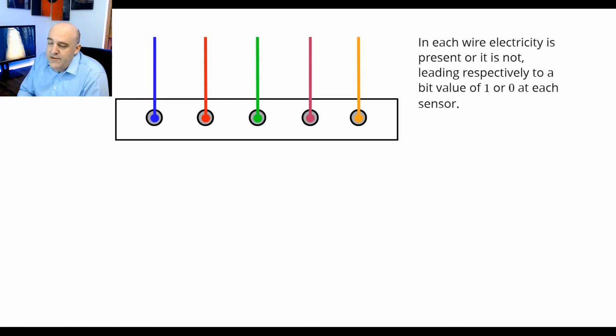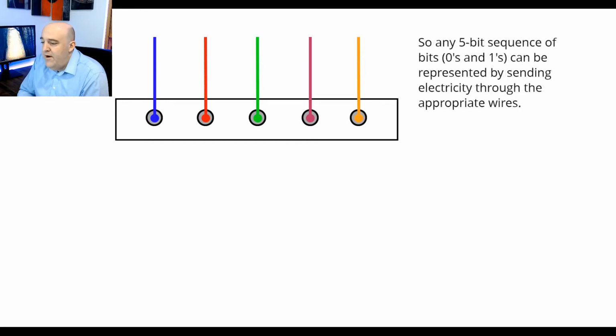And if there's no electricity in the wire, then it's a 0. And since each wire is independent and electricity can be flowing through each wire or not, that means we can represent any sequence of 5 zeros and 1s using this technique. We just choose to make electricity go through the wire or not, depending on whether we want a 1 or a 0 there.